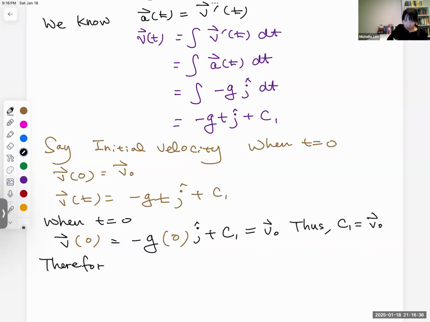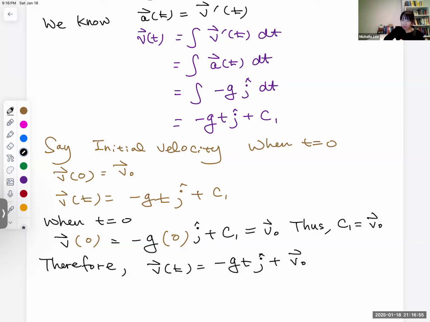Therefore, we have v of t equal to negative g t j hat plus c sub 1, which is v naught. Yeah. All right. Good job.